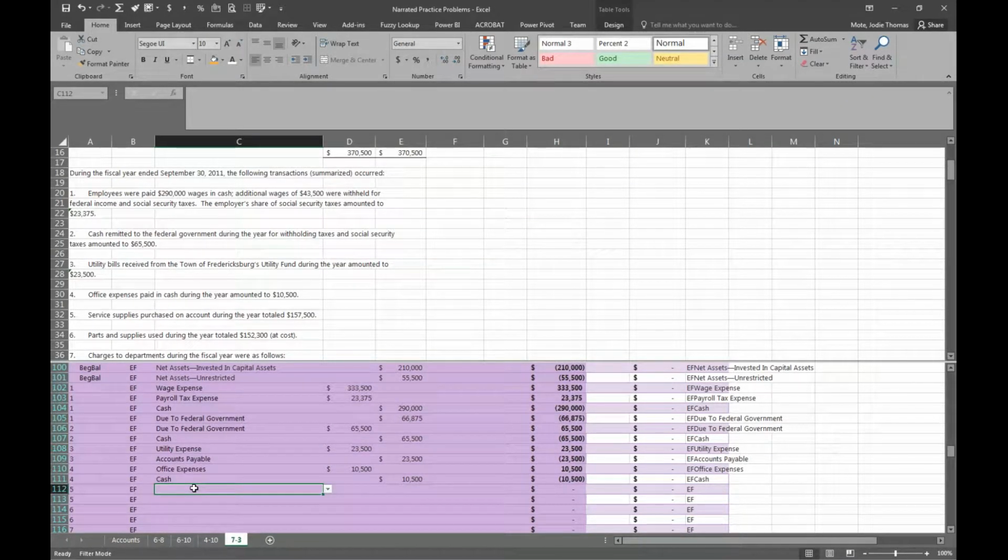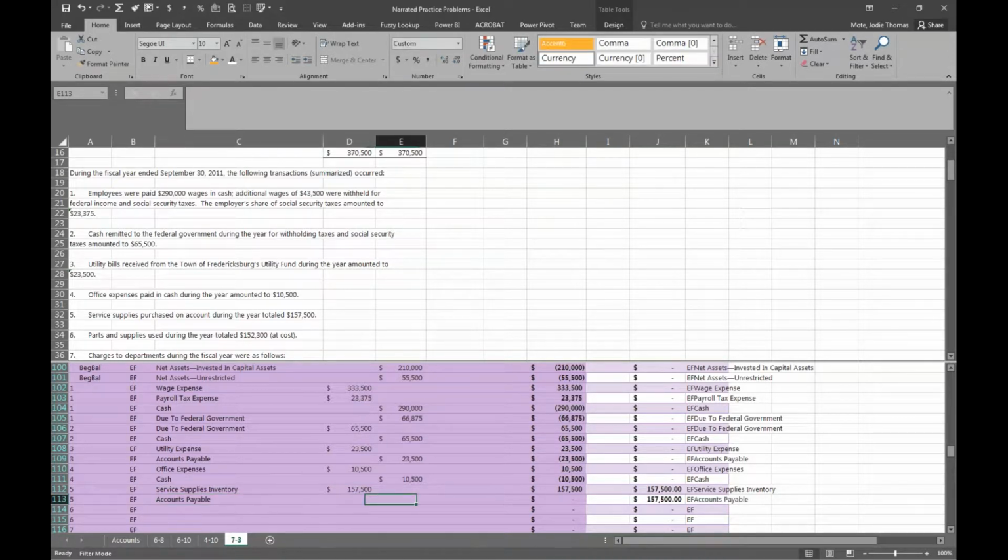We are purchasing inventory here, and we're purchasing on account. So the inventory account for this one is called service supplies inventory, and we'll do 157,500, the amount we purchased. And because it says we purchased them on account and haven't paid the bills in cash yet, we're going to credit accounts payable for 157,500.